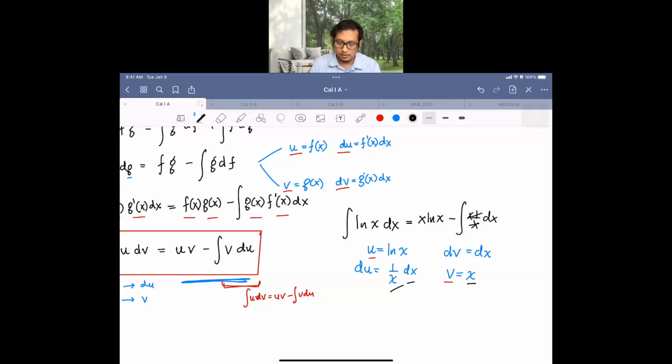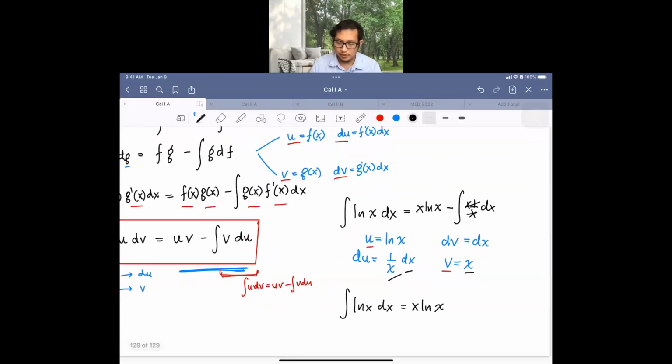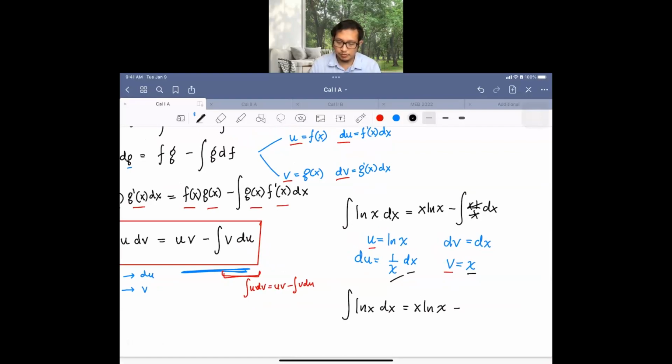We can simply conclude that the integration of dx will be minus x. And don't forget to add the constant every time you finish any indefinite integral. Okay, and this will be the answer.